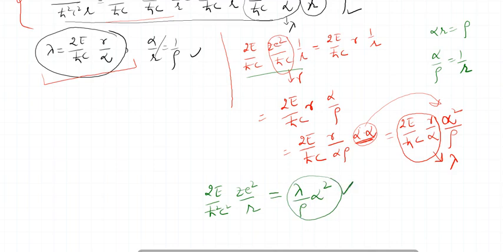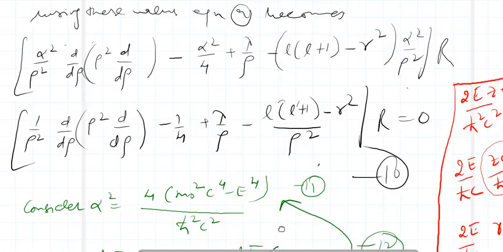If we go to the next page, then here basically alpha square should be there, right? And then alpha square will cancel out from every term, because alpha square is sitting with every term.